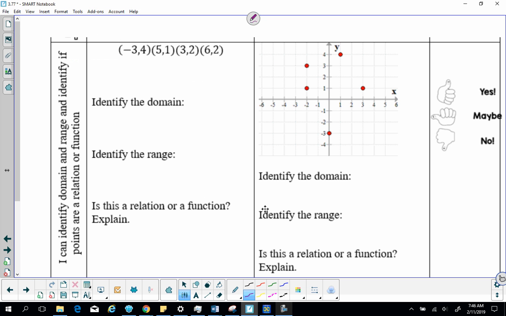And you don't need to do the function or relation thing yet because you're doing that next class. So this one's just saying identify what's the domain, what's the range. In this graph, what's the domain, what's the range. And that's your ticket out the door for this period.